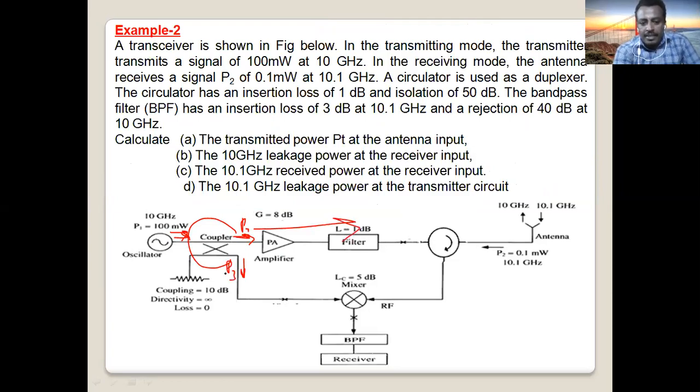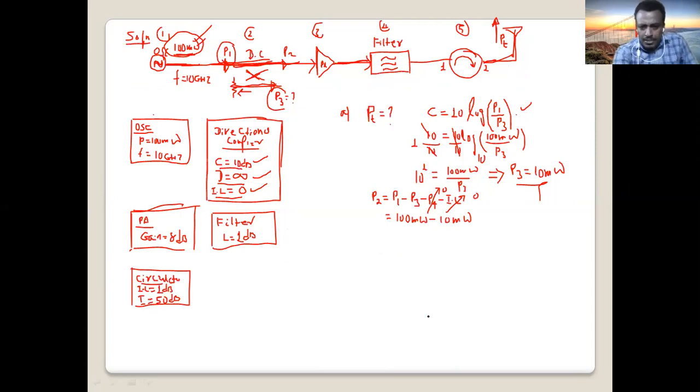This coupler takes small power P3, 10 milliwatt, which goes to the receiver side for our mixer. It divides the signal into 2. Okay, so how much? 100 minus 10 will be 90 milliwatt.